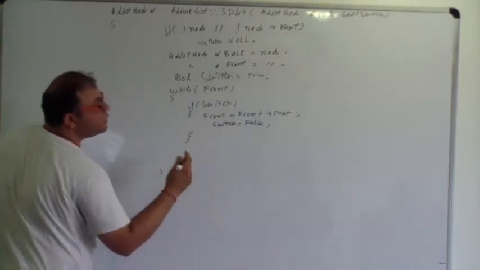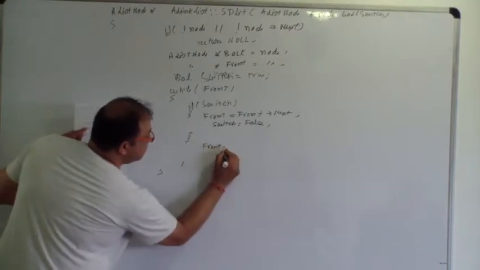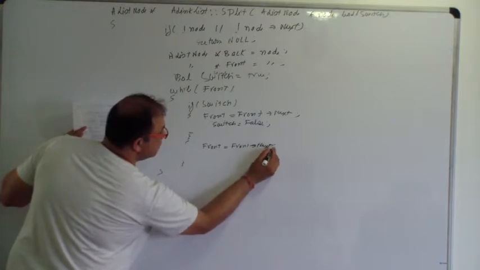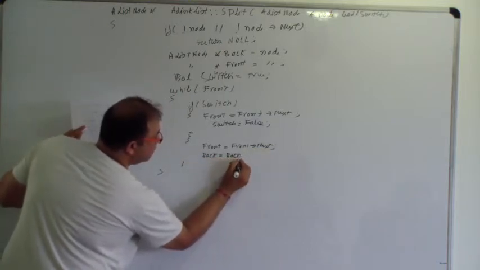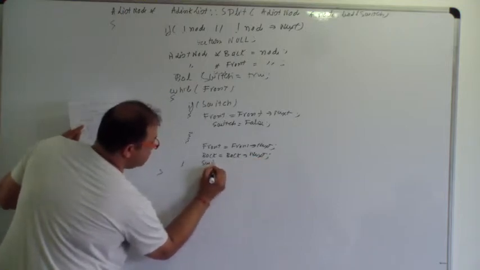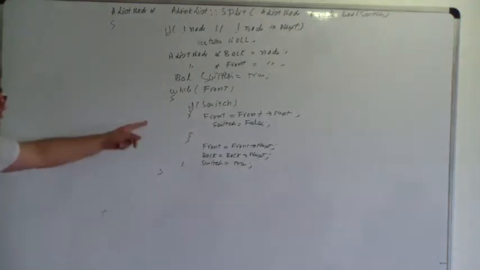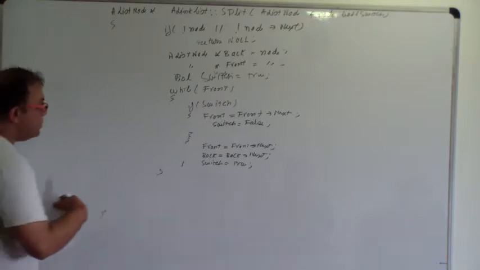Okay, so switch is equal to false. Otherwise, we will increase the front as well as the back. So we'll say front is equal to front arrow next. Back is equal to back arrow next. And switch is equal to true. Okay.